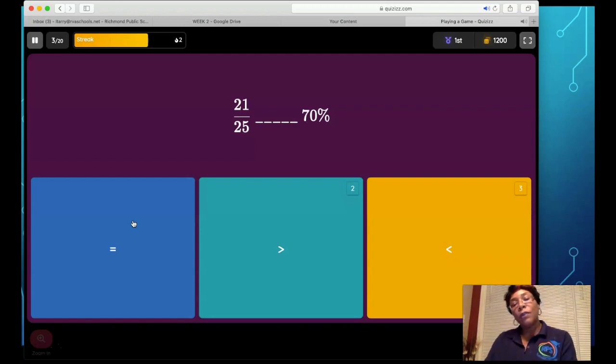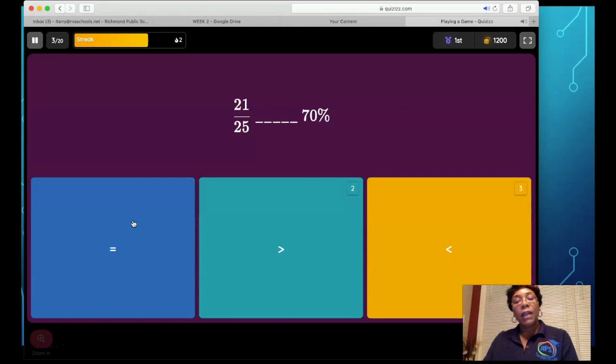Because I have 21 25ths, I can change this to a denominator of 100 easily, because remember, at the very beginning of our sessions, we talked about those factors of 100. So 25 times 4 will give me 100. Well, that means I need to multiply my numerator by 4 as well. And that will give me, if I do all of my multiplication, 84. So that gives me 84 hundredths.